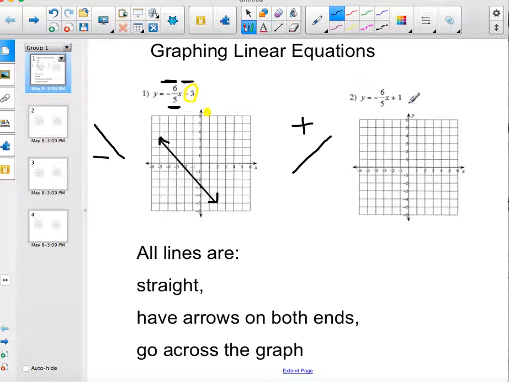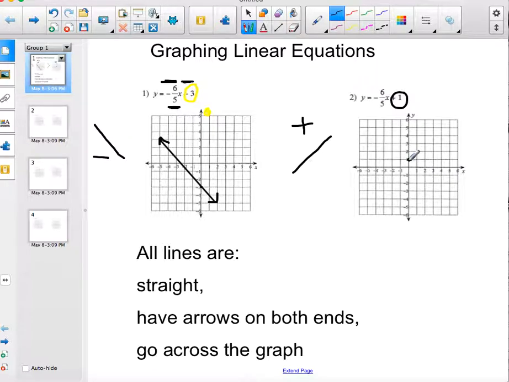Moving on to number 2. Again, I look at the number that's by itself. It says +1. That tells me I go to 1 on the y-axis and put my first point. My slope is the same as it was last time, -6/5, so I know my line is going to be moving in this direction.